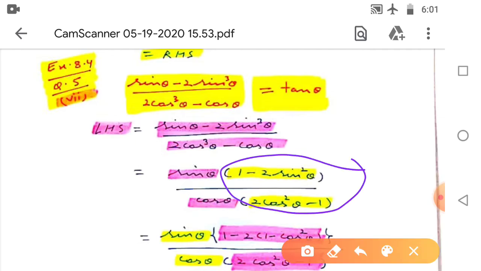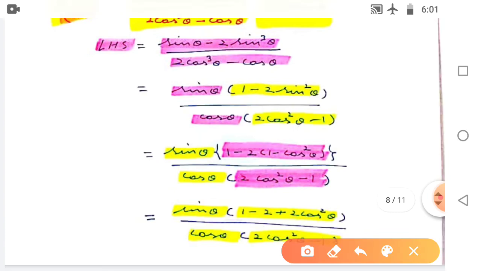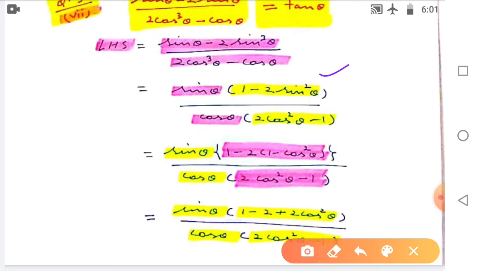Clear? Now keep your full concentration on the numerator and denominator of this part, and now this is sin square theta and this is cos square theta. Again, if we are able to apply any identity, we should apply that identity. So in the numerator we have sin square theta, and you know sin square theta is 1 minus cos square theta.